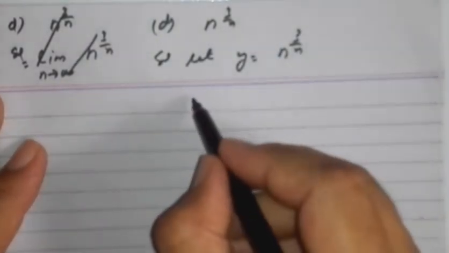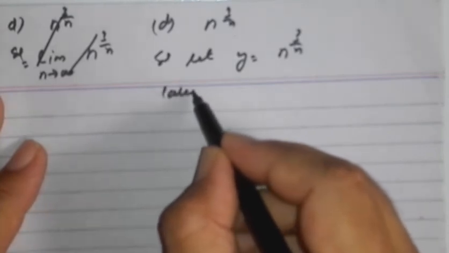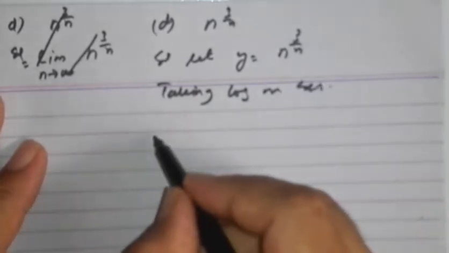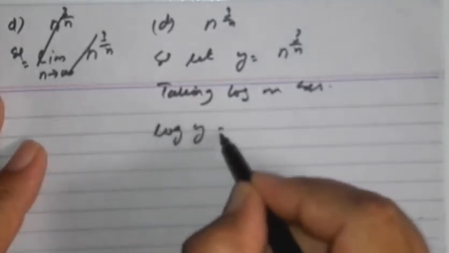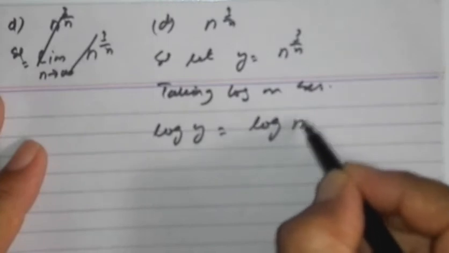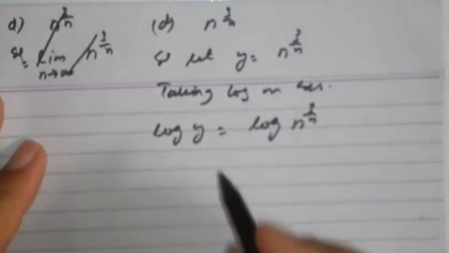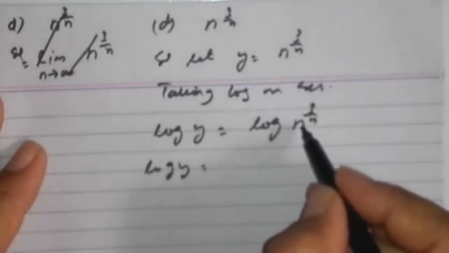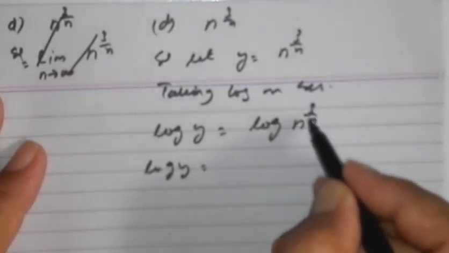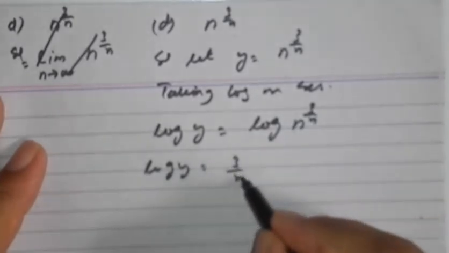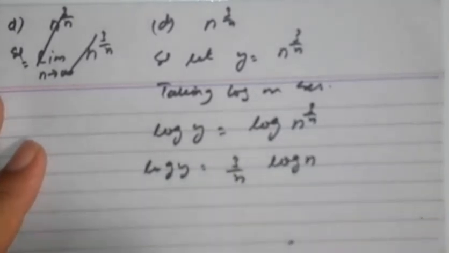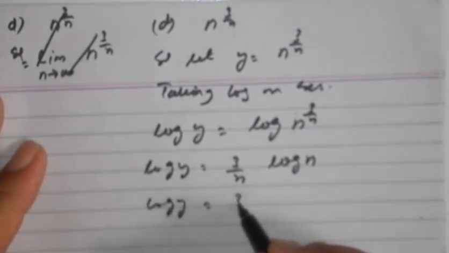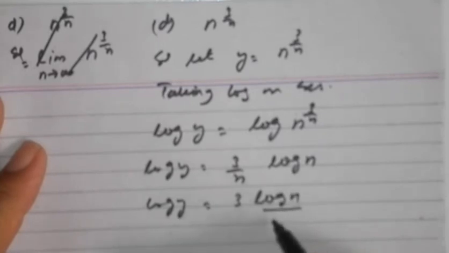Taking log on both sides, we get log y is equal to log of n power 3 by n. It is the property of log that it brings the exponent into the product: 3 by n log n. Further, we can write it as 3 log n divided by n.